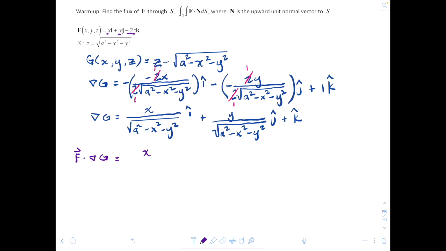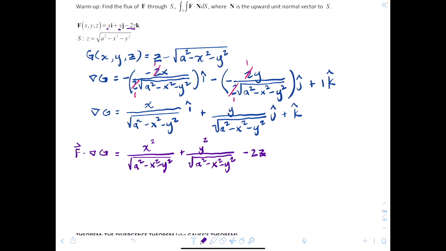So we'll just have x squared over the square root of a squared minus x squared minus y squared plus y squared over the square root of a squared minus x squared minus y squared, and then minus 2 times z. Good so far? Awesome.